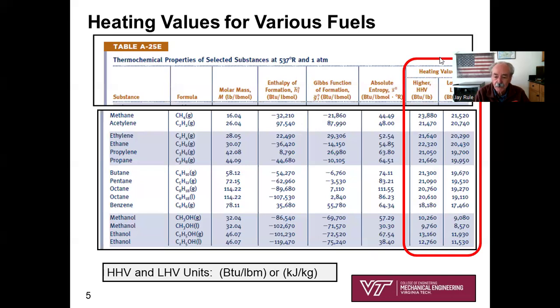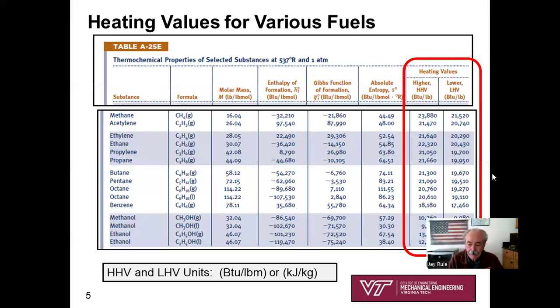Okay, so you say, well, so what? What good is this to me? How does it relate to my thermodynamics class? You may be given a problem where you're asked to find the heating value of a fuel in BTUs per pound mole, or kilojoules per kilomole.